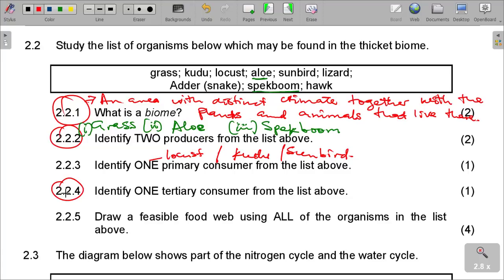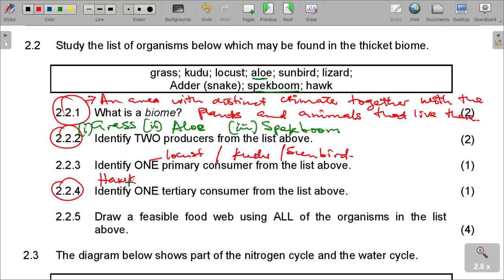Question 2.2.4. Identify one tertiary consumer from the list. The tertiary consumer is the one that feeds on the highest other animal that is feeding on meat. So what can that be? We can have a hawk. A hawk can be a tertiary consumer.